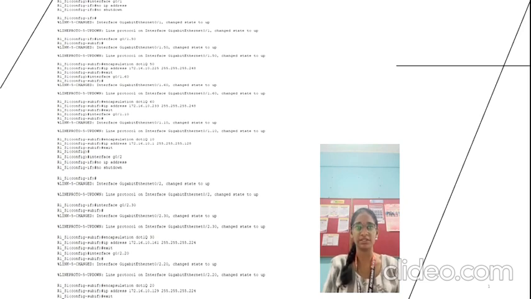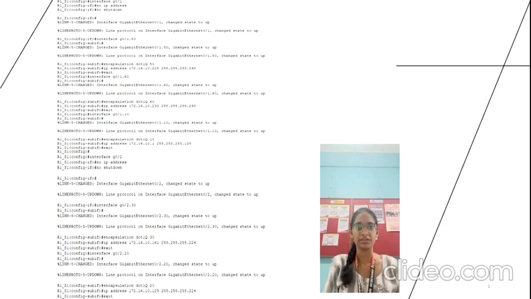Interface G0/1.10, encapsulation dot1Q 10, ip address 172.16.10.1 255.255.255.128, exit. Interface G0/2, no ip address, no shutdown.